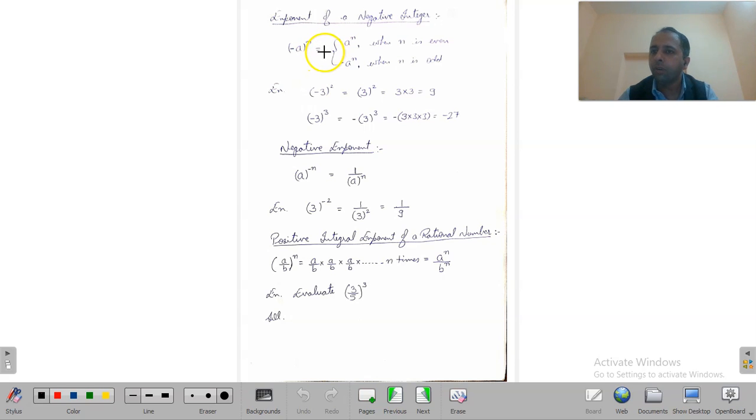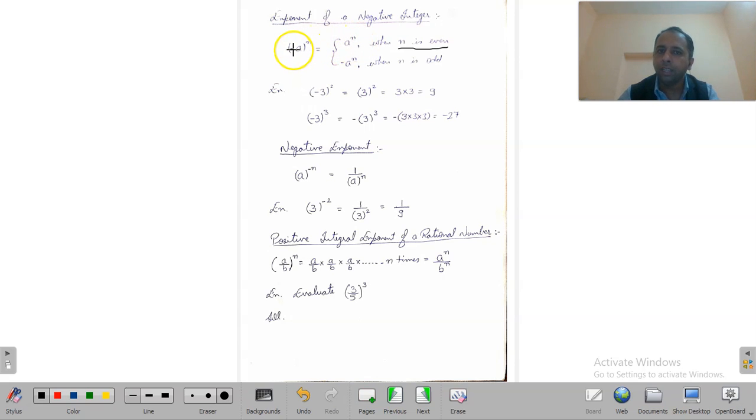Now what will happen? Again we will have two cases, either when n is even or when n is odd. That means the exponent as an even value and the exponent as an odd value. So when the exponent value n is even, minus a to the power n will become a to the power n.